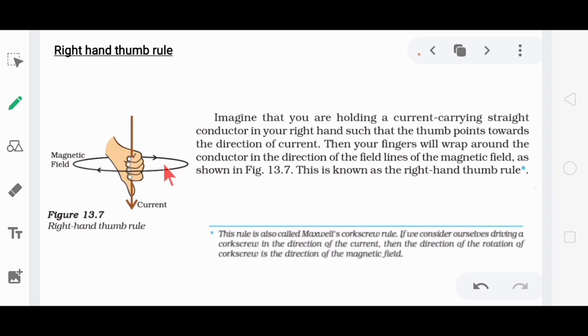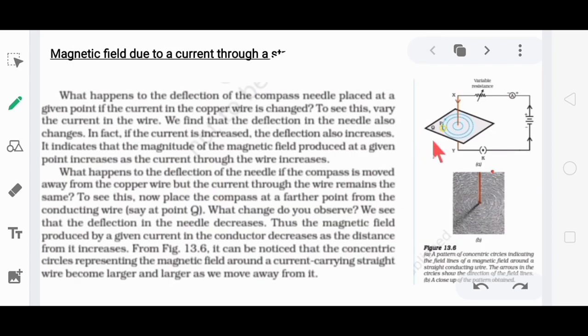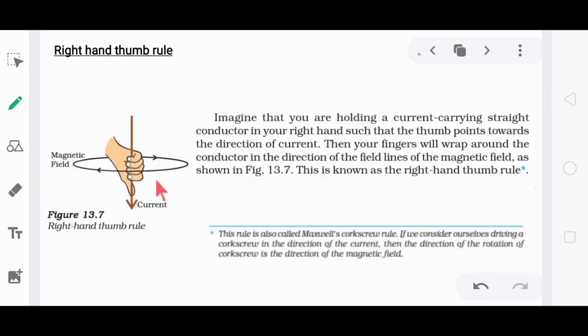You can see in the previous condition when current was flowing in downward direction, the magnetic field lines are given in clockwise direction. So by means of this rule we can find the direction of magnetic field lines in a straight current conductor.